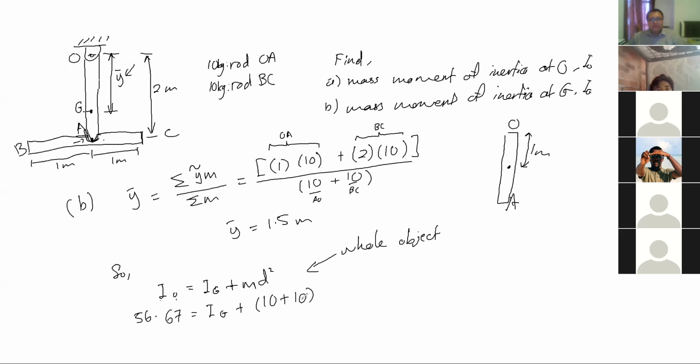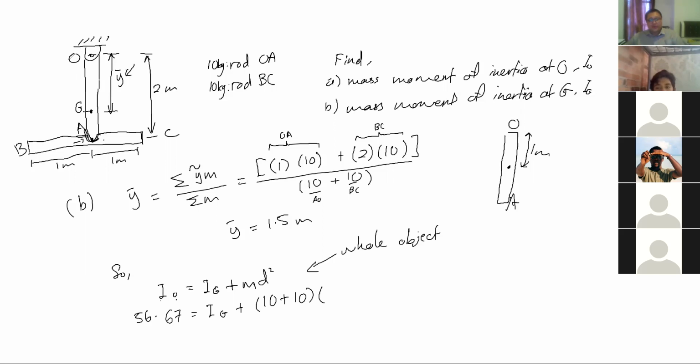OA plus BC, times d. As I mentioned earlier, d is the distance between the center of mass and the reference point, which is here, we want to determine I_O.